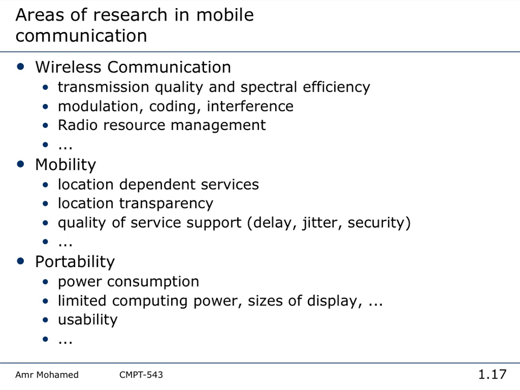Okay, so for wireless communication, transmission quality and spectrum efficiency. By transmission quality here we mean we need to guarantee that the wireless signal itself has good quality. Some people are working on directing the wireless signal to try to avoid obstacles and things like that.